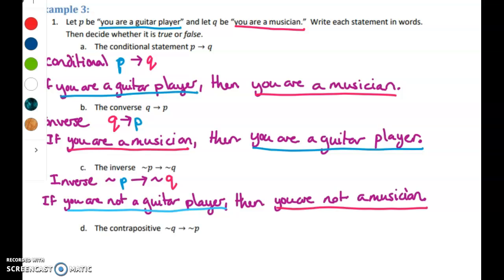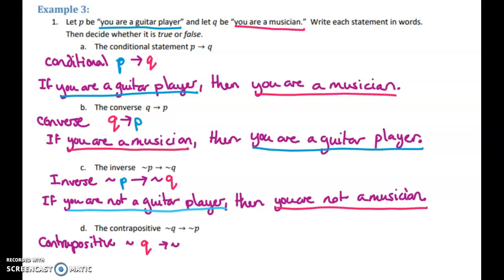Okay, so now last but not least, I wrote down contrapositive. All right, let me just set up so I can color code this. So remember, the contrapositive is found by both switching and negating. So from the original statement, if you are a guitar player, then you are a musician, it is going to switch order and negate.